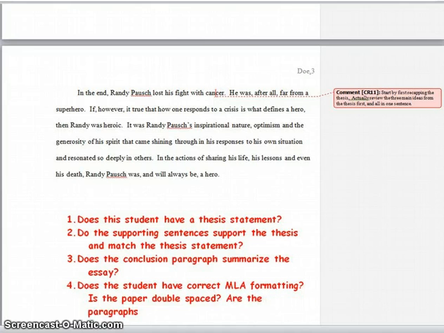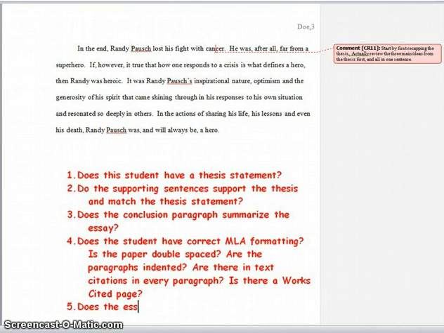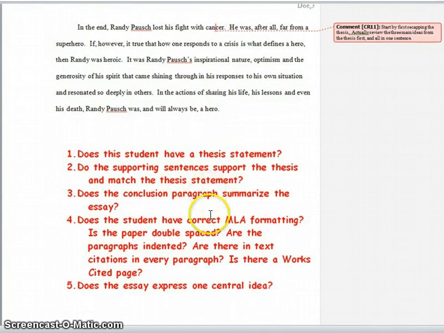Are the paragraphs indented? Are there in-text citations in every paragraph? Is there a works cited page? Does the essay express one central idea? And so I want you to explore these five questions for your peer review. These will be your peer review questions for this week.